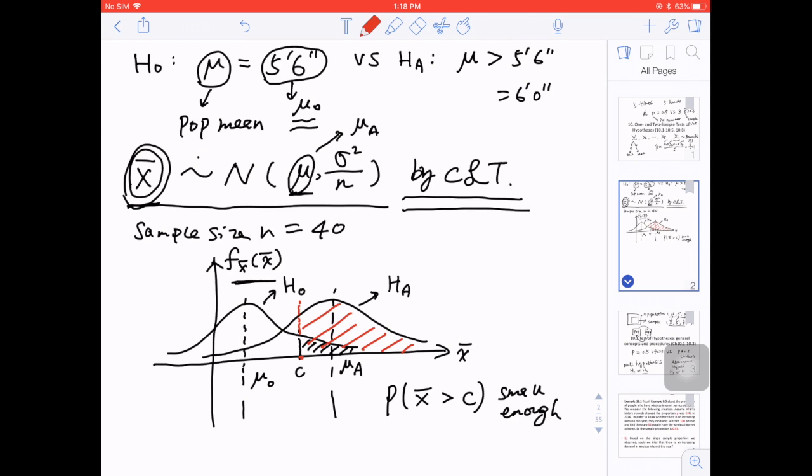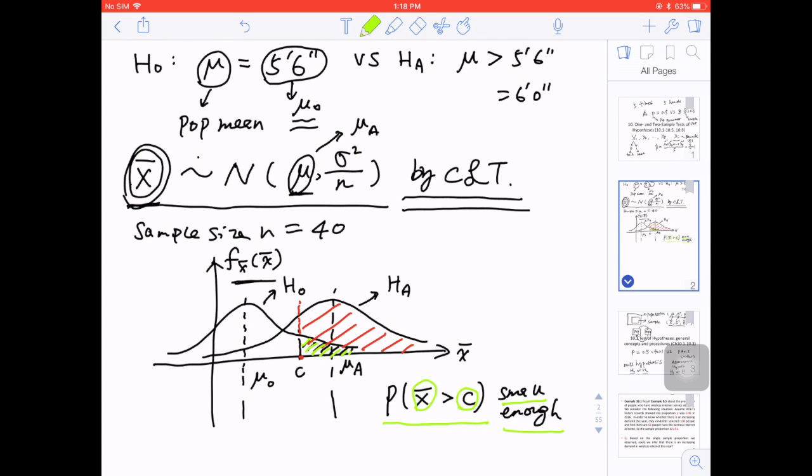If you choose H0 as your ground truth, and you fix this critical value, the green area is the probability that you will obtain an x bar larger than this. So this probability is very small. But how small? We're going to discuss this later. In this case, it's very small, so it's not likely to happen. For example, I'll just let this area be 5%, which means there is 95% that this will not happen at all.